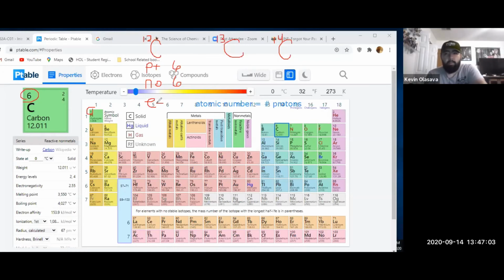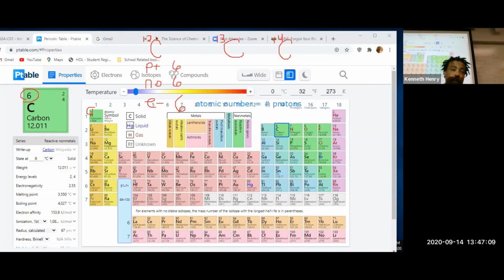Six. That is correct. Because if we have 6 positive charges, because we know that protons are positive, how many negative charges must we balance them out with? Simple? Yes.